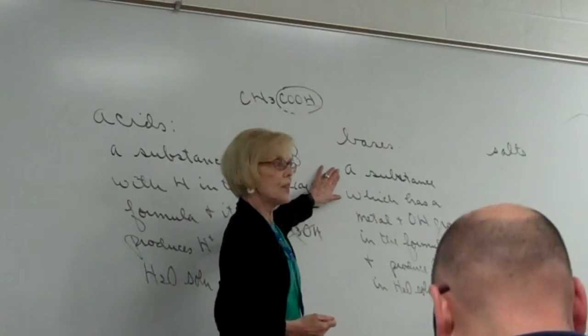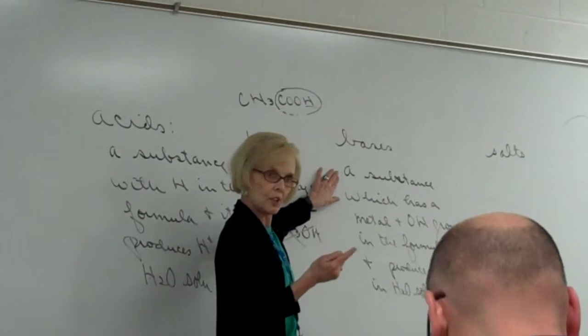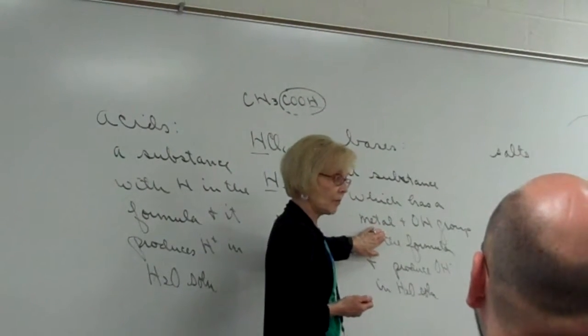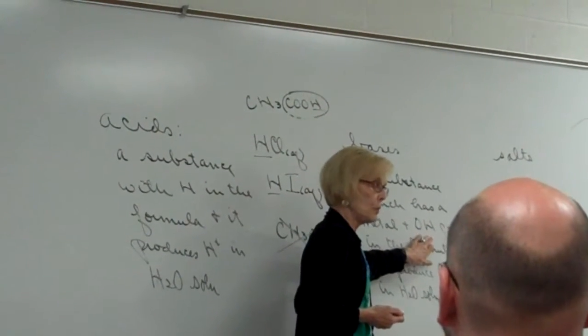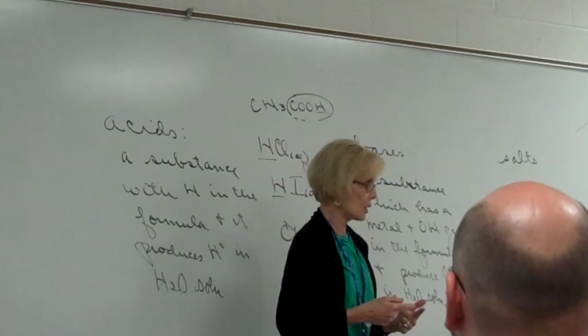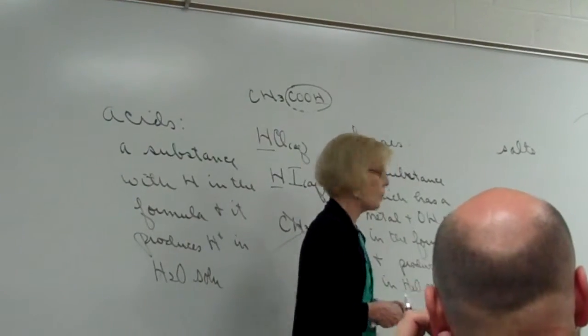This is your classical definition of a base, the original. Your substance has a metal and an OH group in the formula, and when you put it into water, it produces hydroxides, or OH minus.